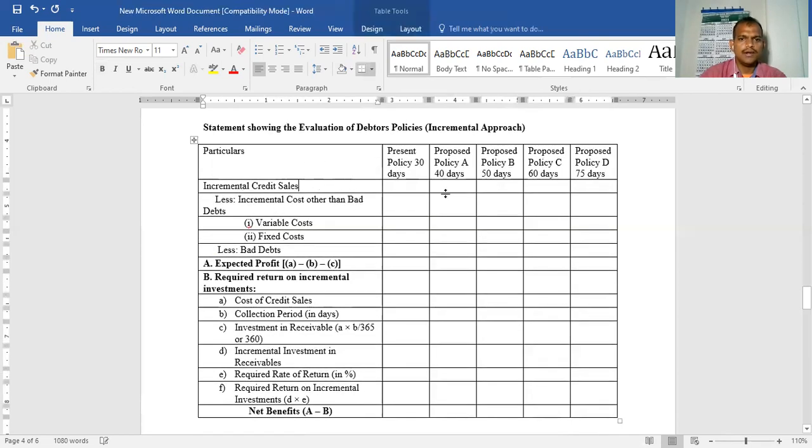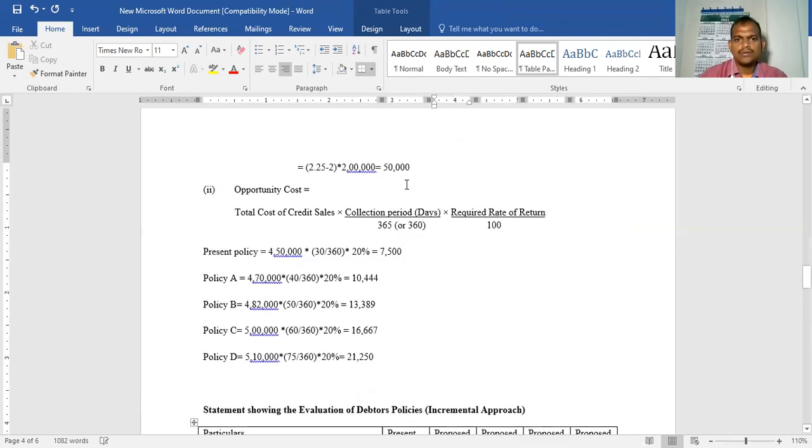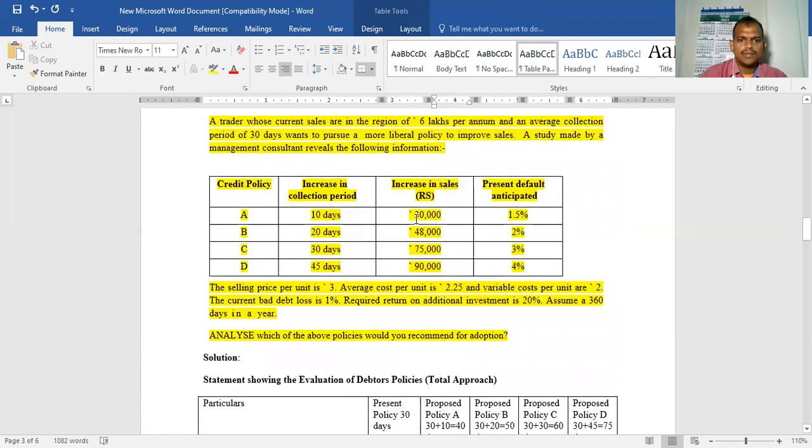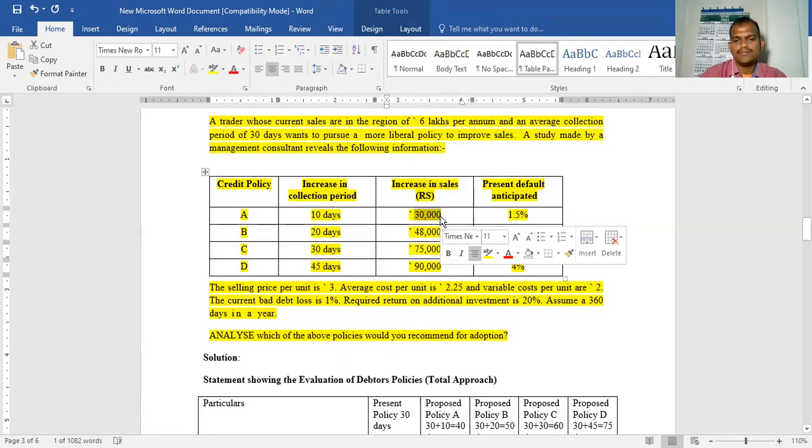Incremental credit sales: the present policy has a 30 days collection period, there is no increment in sales, so it is constant. If the trader wants to take policy A, sales increase by 30,000 more, which is given in the problem itself.